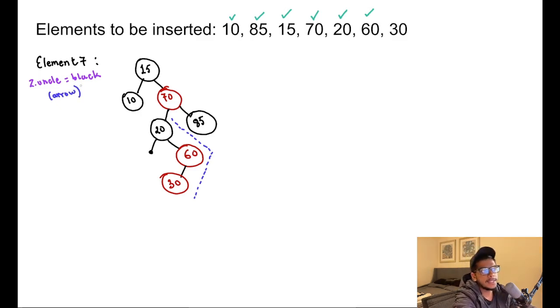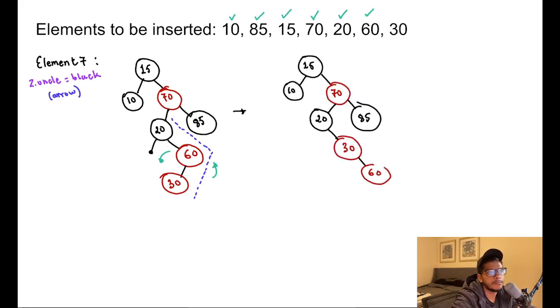If that is the case, what we do is we first rotate Z's parent, right? So let's rotate Z's parent. Here we can see that because of how it's set up, we have to do an anti-clockwise rotation. Okay.